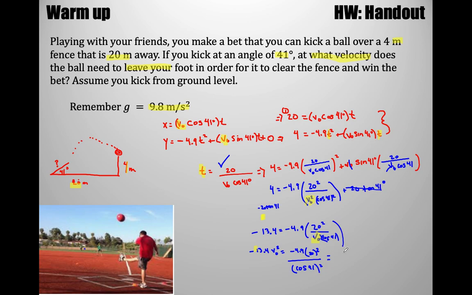I'm going to divide everything, so I'm going to get v sub 0 squared is equal to all of that. And then I'm going to square root both sides to get rid of the square.